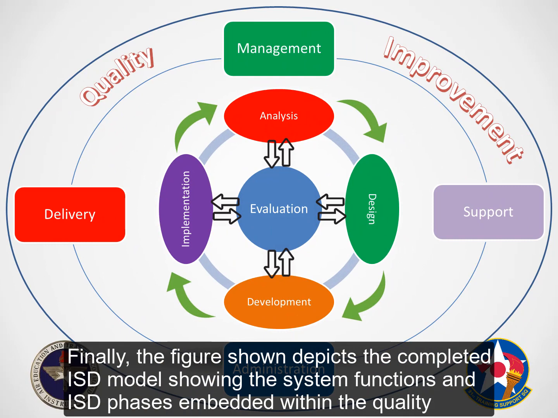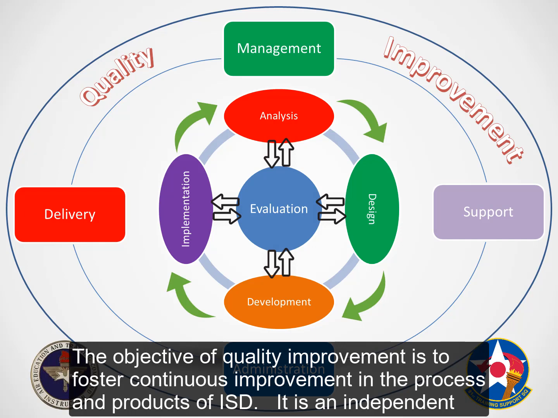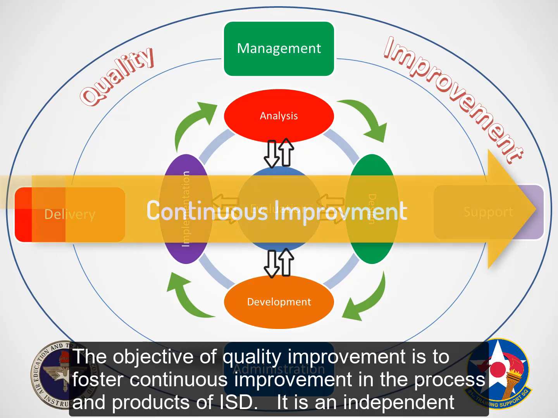Finally, the figure shown depicts the completed ISD model showing the system functions and ISD phases embedded within the quality improvement process. Quality improvement is the continuous, organized creation of a beneficial change to the system. The objective of quality improvement is to foster continuous improvement in the process and products of ISD.